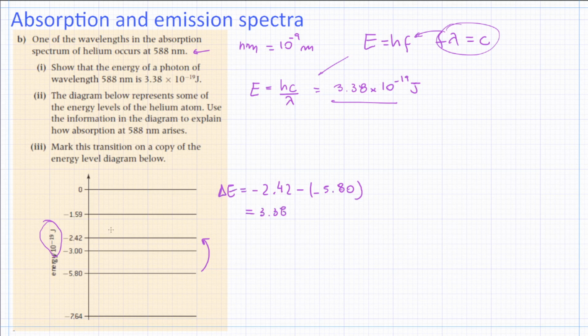Now everything here is in 10 to the power of negative 19 joules. Now number 3, mark this transition on a copy of the energy level diagram below. What you would do is this, just draw an arrow, okay? Done. Easy, isn't it?